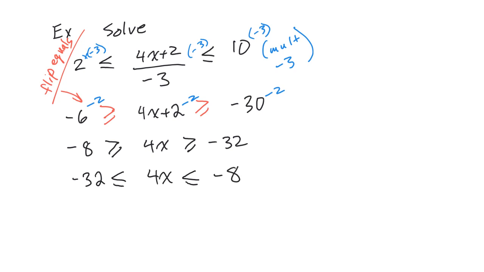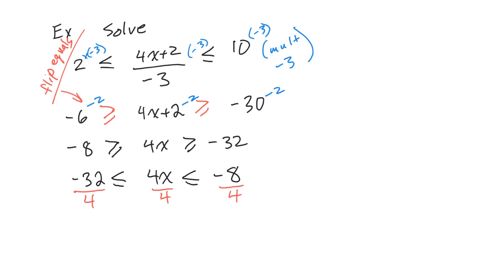Okay, now that I've done that, we're going to divide both sides by 4. Divide everything by 4 to get x by itself. Now, because the 4 is positive, we don't have to flip the sign.